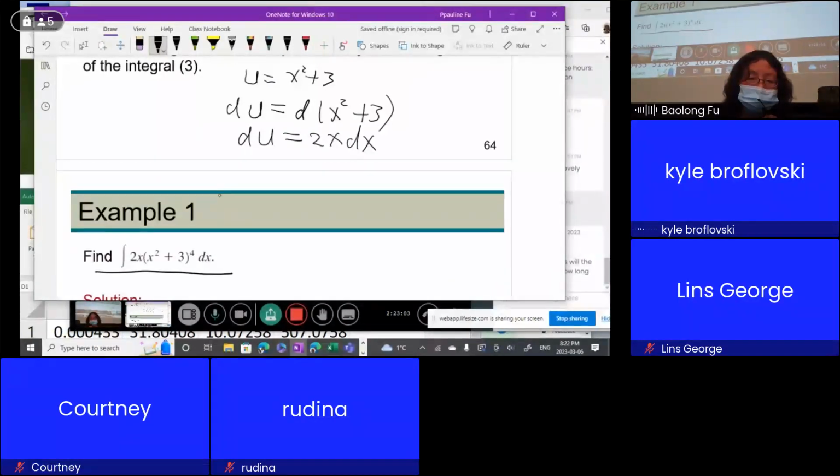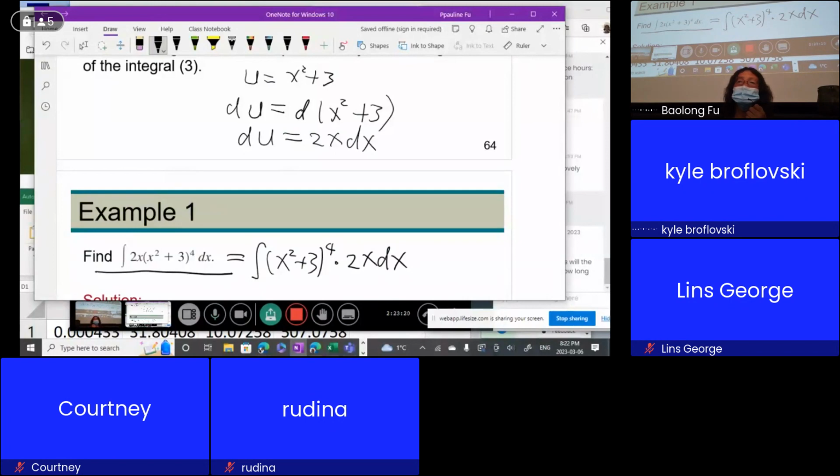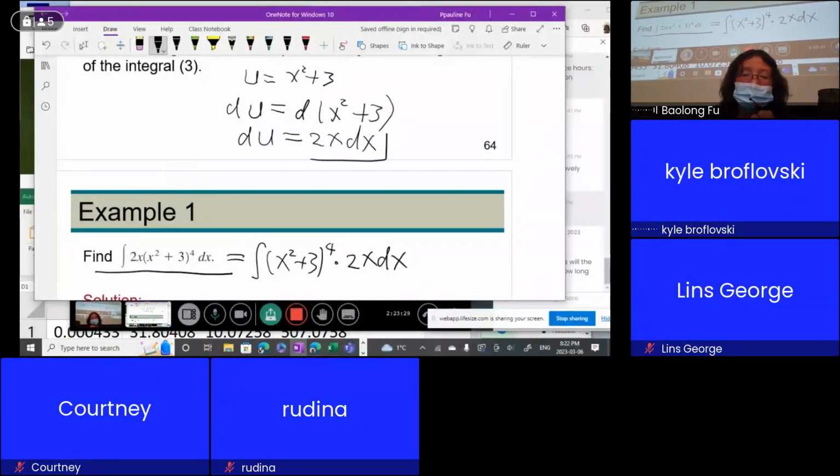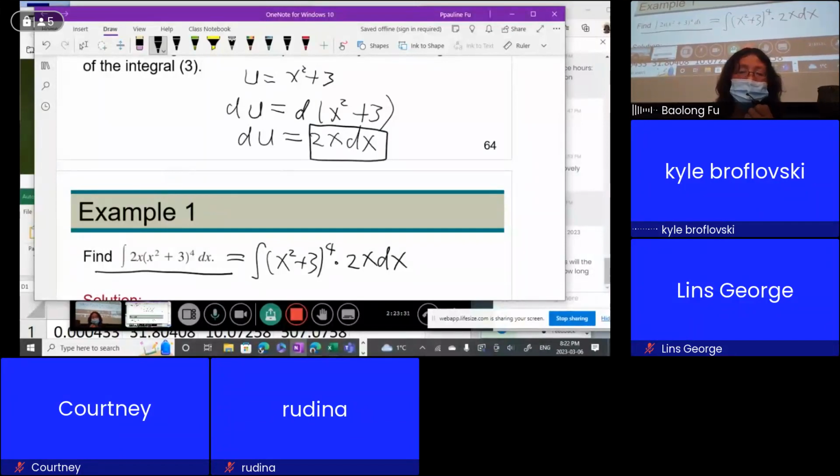And now rewrite the original function to u raised to power 4 times 2x dx. I just make a rearrangement, move 2x close to dx. And then, did you see, 2x dx here, 2x dx here.